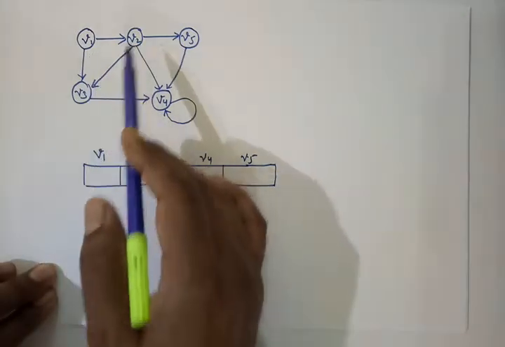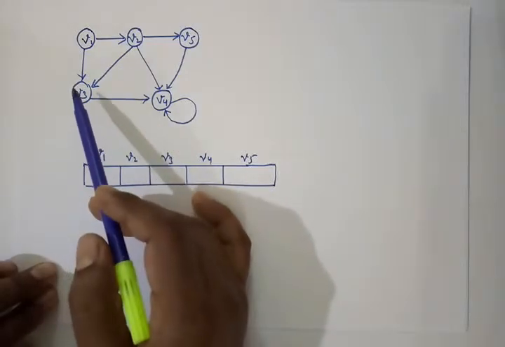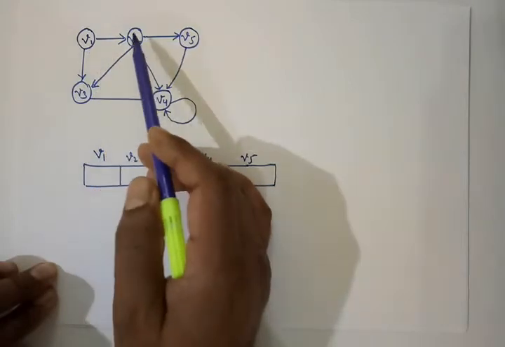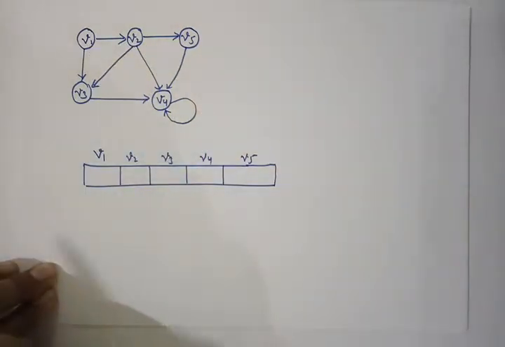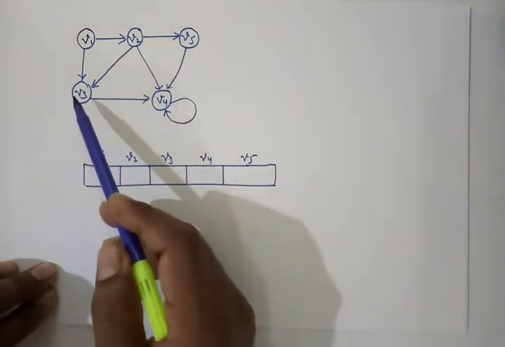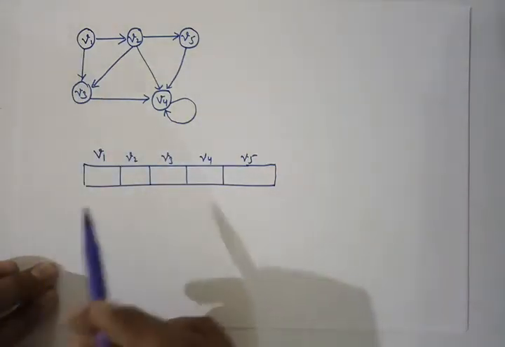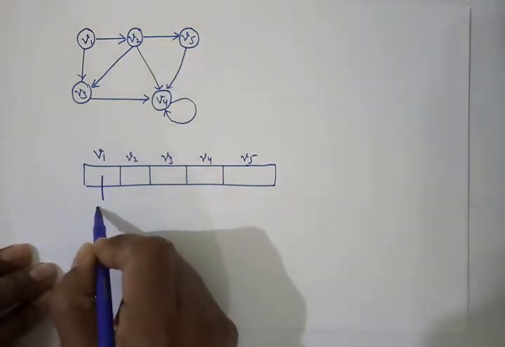From V1 we can go to V2 and V3, but vice versa is not possible because the graph is directed. From V1 we can go to V2, but from V2 we cannot come to V1. Similarly, from V1 we can go to V3, but from V3 we cannot come to V1. So I am taking from V1, V2 first.